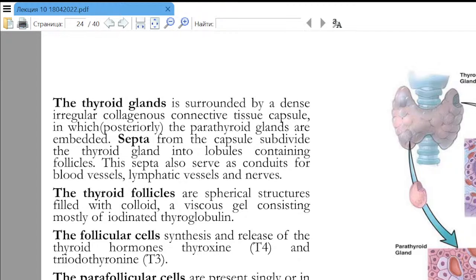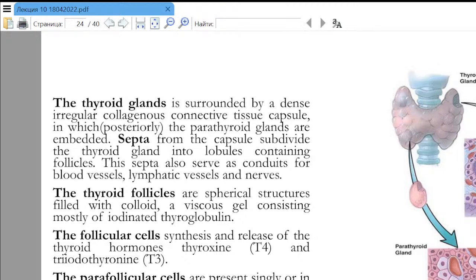The follicular cells synthesize and release the thyroid hormones thyroxine T4 and triiodothyronine T3.